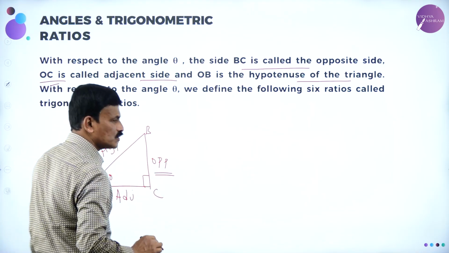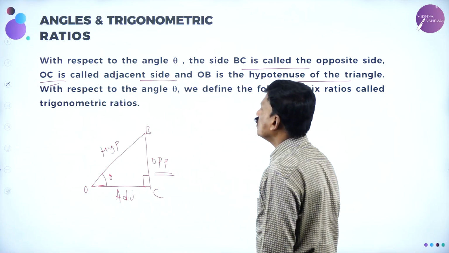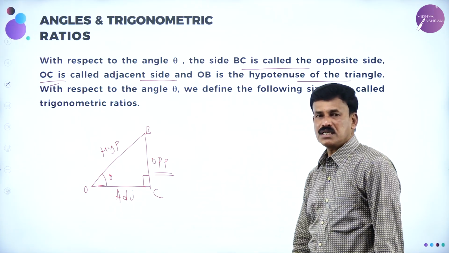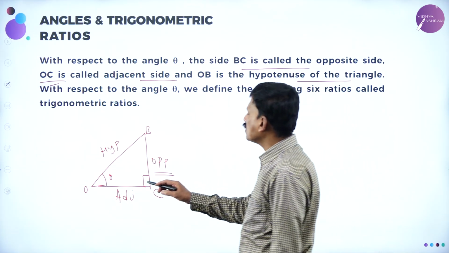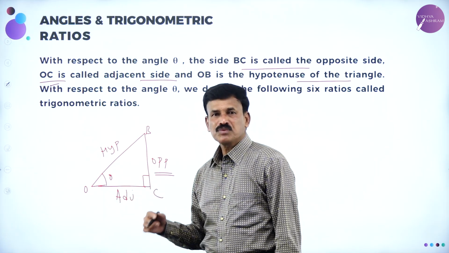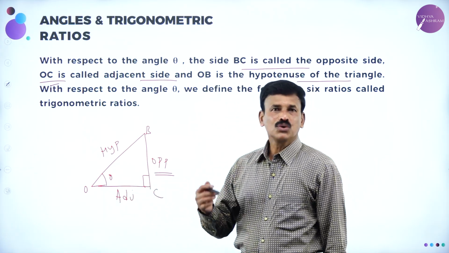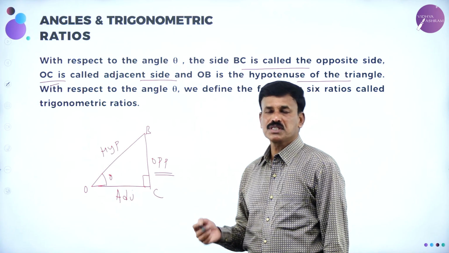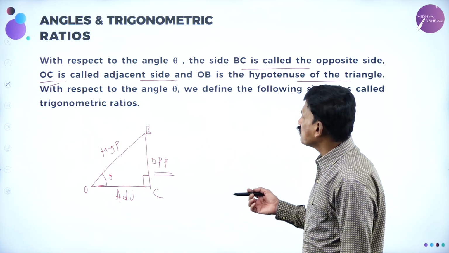This is an acute angle, right. Now with respect to the angle theta, we define the following 6 trigonometrical ratios: sine of angle theta, cosine of angle theta, tangent of angle theta, cotangent of angle theta, secant of angle theta, and cosecant of angle theta. Let me explain in detail.